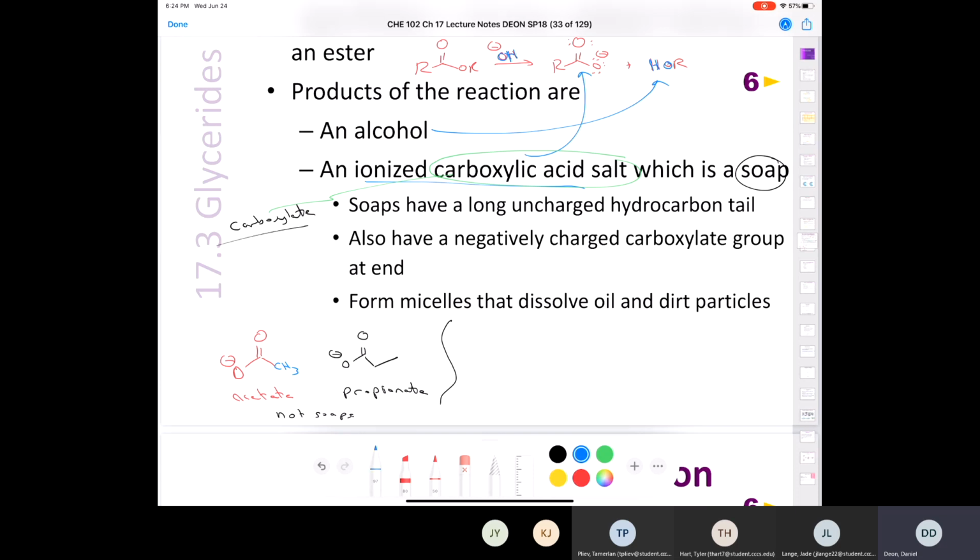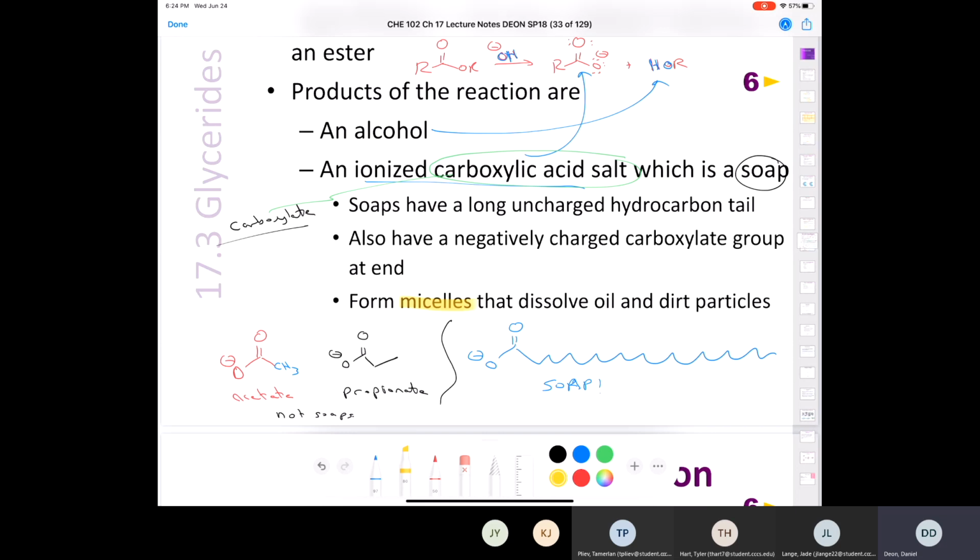But if we have a carboxylate or a carboxylic acid salt that has a long chain on it like this, forgive me for drawing like that, then you got a soap. And the soap, I explained earlier on in the course, forms micelles.